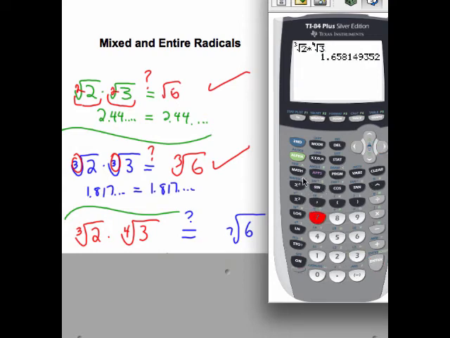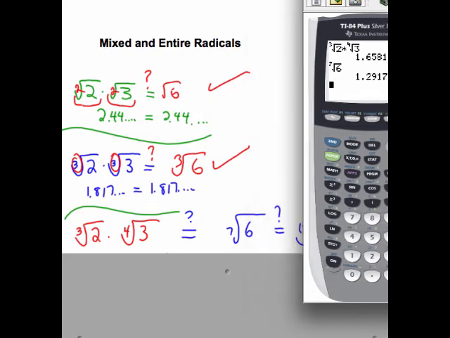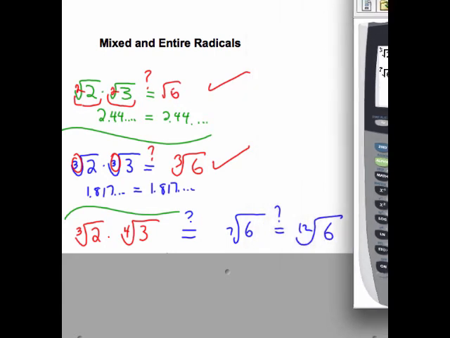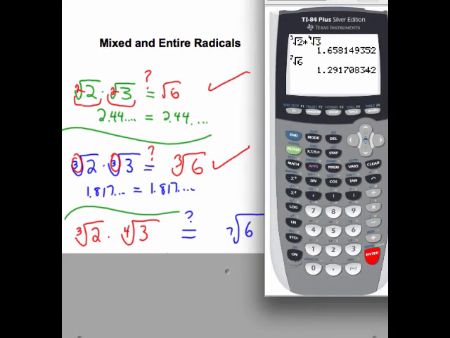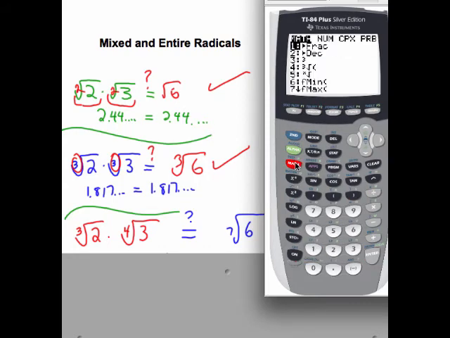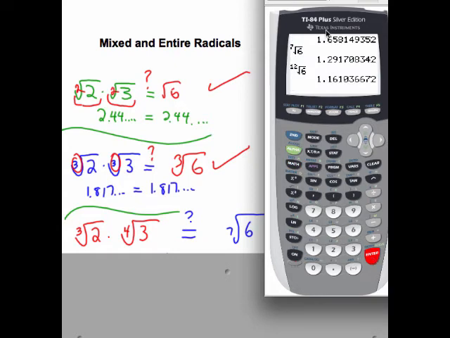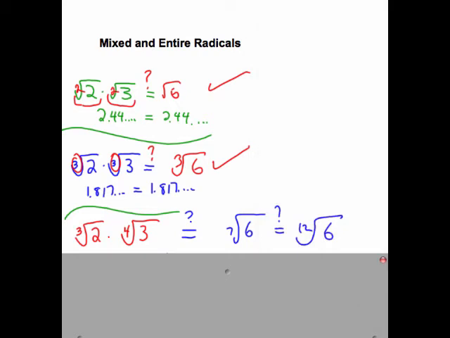If we do the 7th root of 6, that gives us something different. What about the 12th root of 6? That also gives us something different. So what we're seeing here is that this does not equal these results.